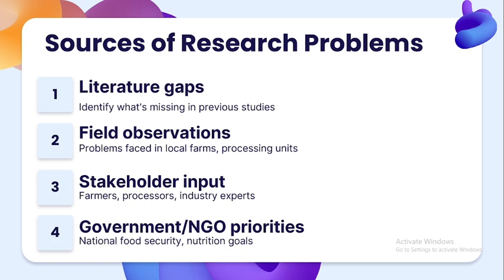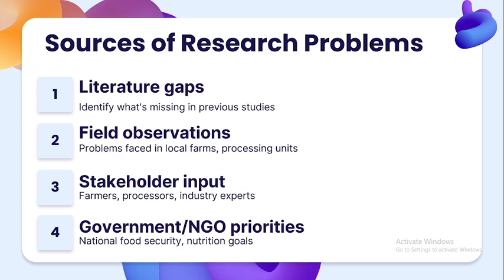Then field observation. You were on a field visit in your relevant area, in a village or in a remote area, if I talk about the agriculture background students, and you observed that our farmers are facing the soil salinity problem, or they are not getting the proper seed for their crops, or the seed they are using is of very good quality, but they don't really know the practices by which they can preserve their seed to make it available for the sowing period.